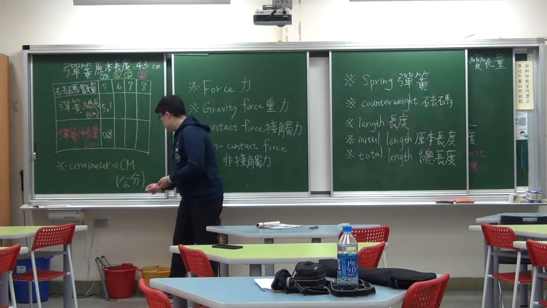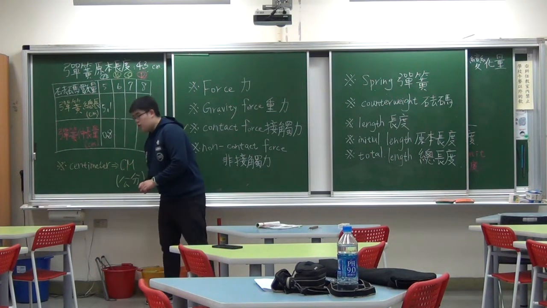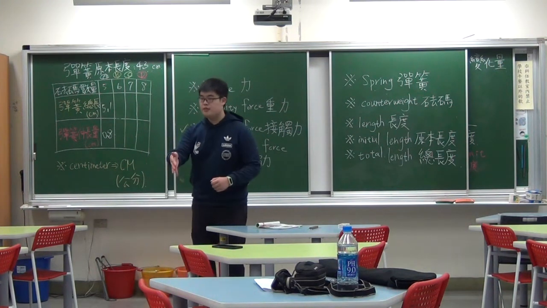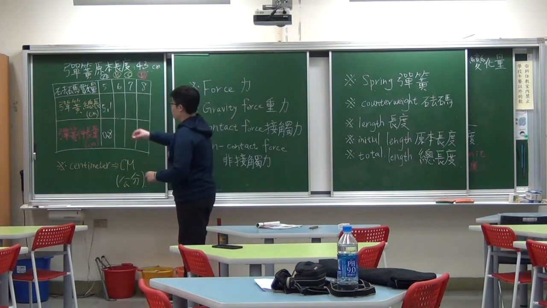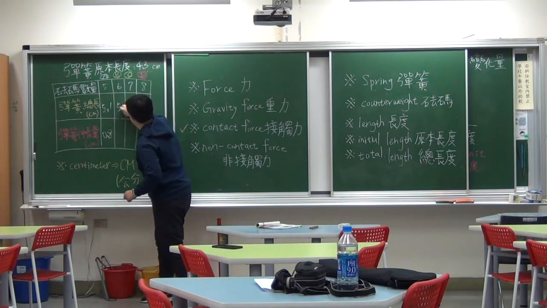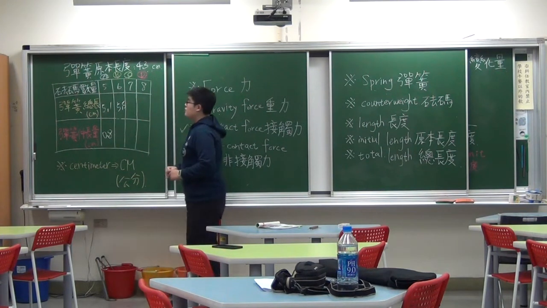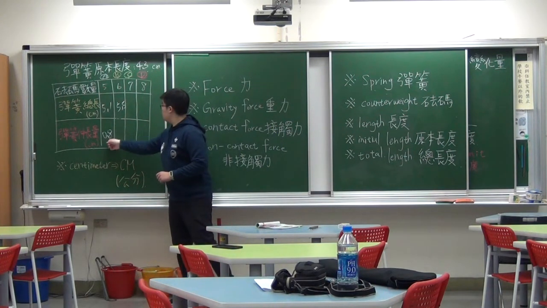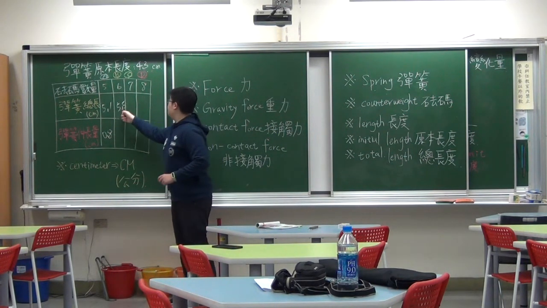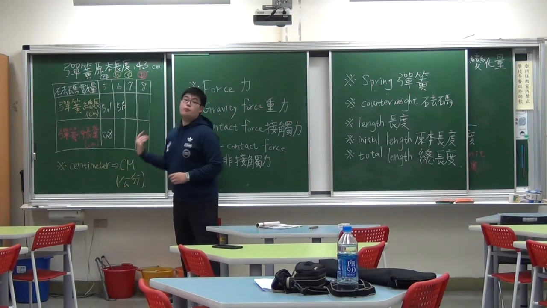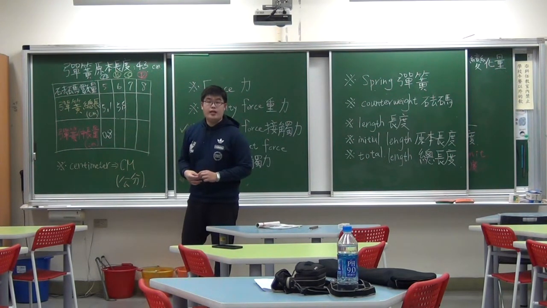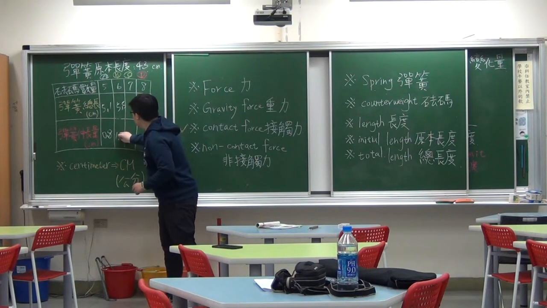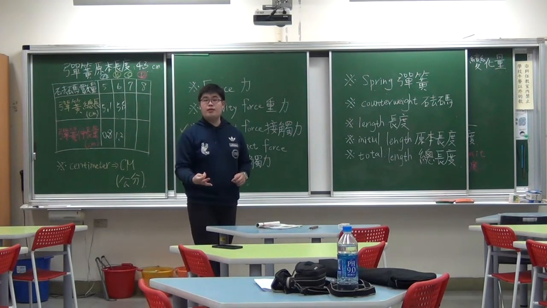Move on to group B. Group B, your answer is 5.5. So the differential of group B is 5.5 minus 4.3. So it is 1.2 centimeter.